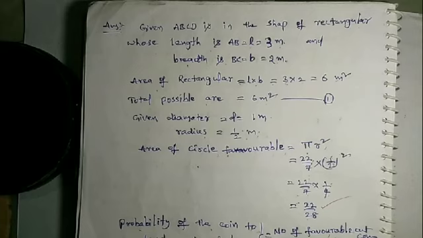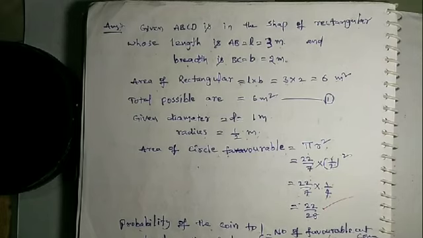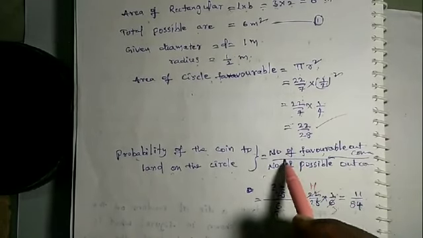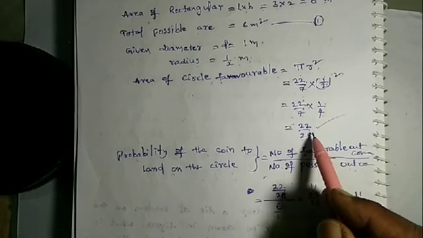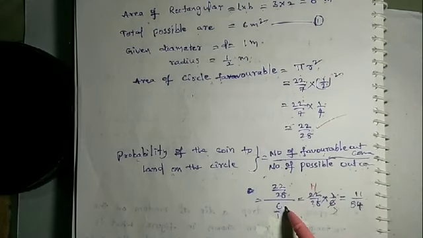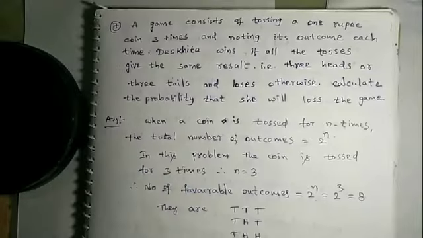Simplifying, 11 by 84. Now you observe, number of favorable outcomes by number of possible outcomes: 22 by 28 divided by 6 by 1. 6 by 1 becomes reciprocal, that is 1 by 6. That is 11 by 84 is our answer.